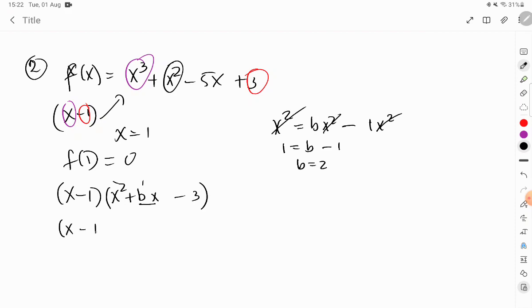So this is (x minus 1)(x squared plus 2x minus 3). Quickly factorize this. You will get (x plus 3)(x minus 1). So you've completely factorized that.